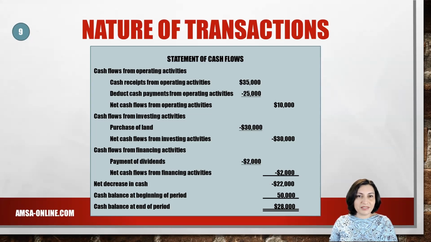There are three main sections on the statement: operating, investing, and financing activities. The bottom of the statement reconciles the change in cash with the beginning and ending cash balances. The ending cash balance on the statement of cash flows is equal to the cash balance on the balance sheet.